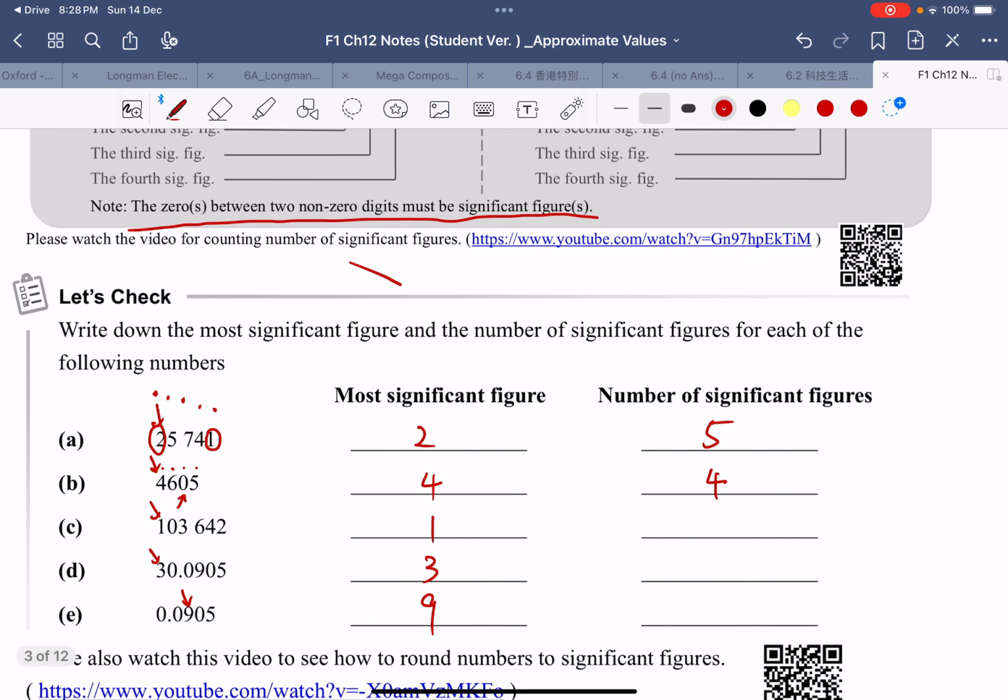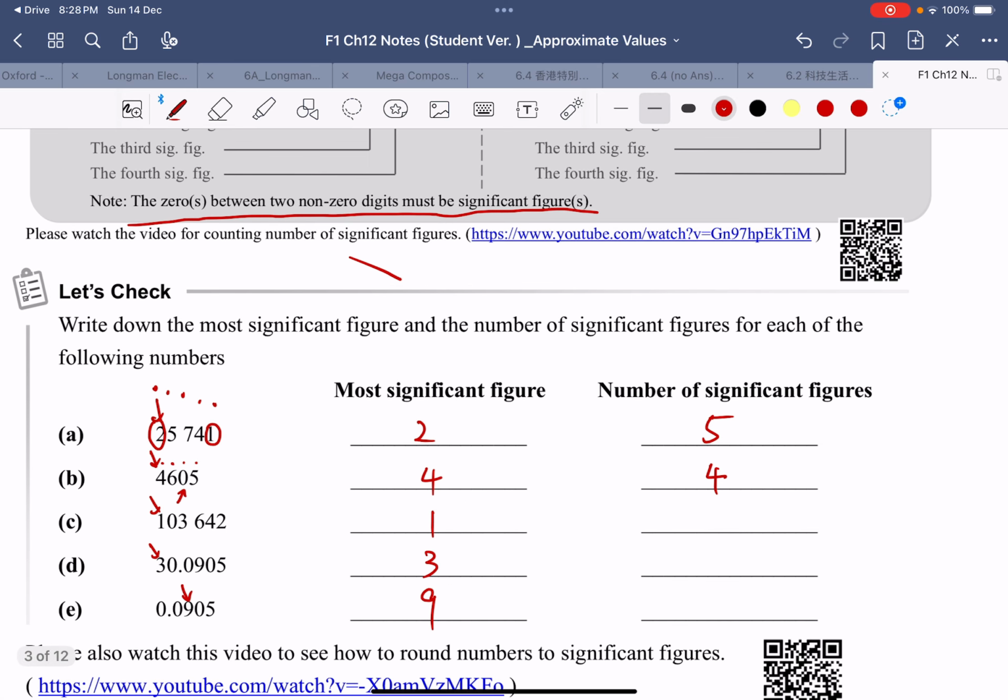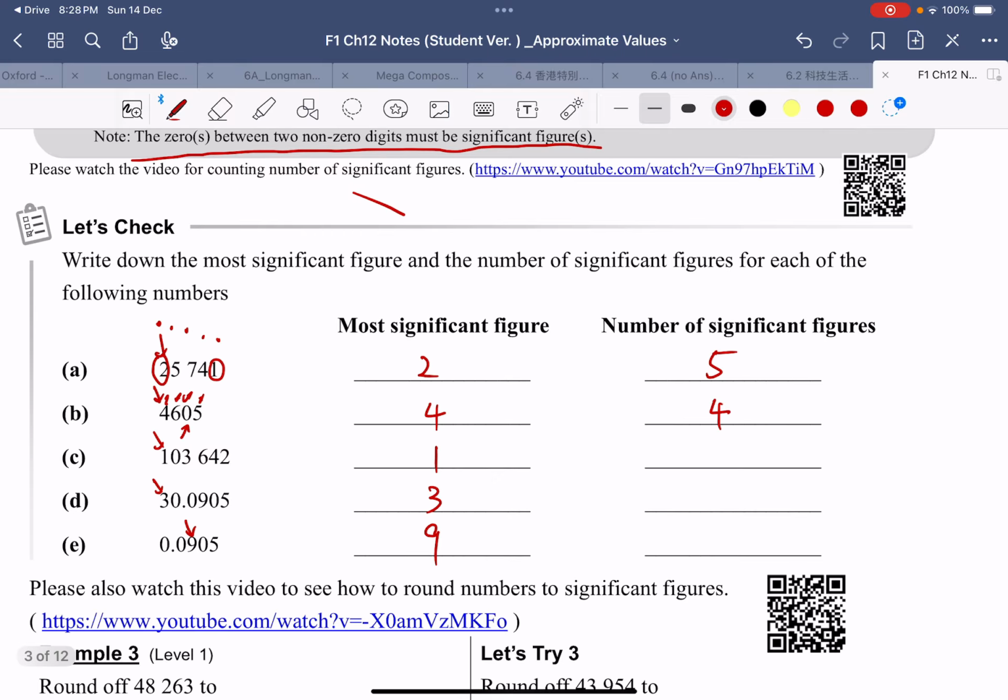So this 0 is sandwiched between 2 non-zero digits. Okay, the 6 and the 5 are non-zero. So this 0 is significant. You need to count it. So count from the most to the least. I have 1, 2, 3, and 4. These 4 numbers are all significant.